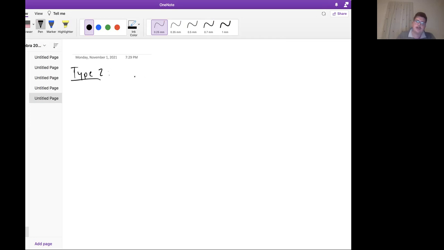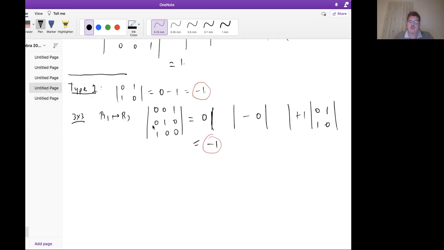Yeah, I got a question? If it's a row swap, will the determinant be negative always? Well, these are row swaps, right? We'll, after going through these determinants, talk about how row swaps affect the original.